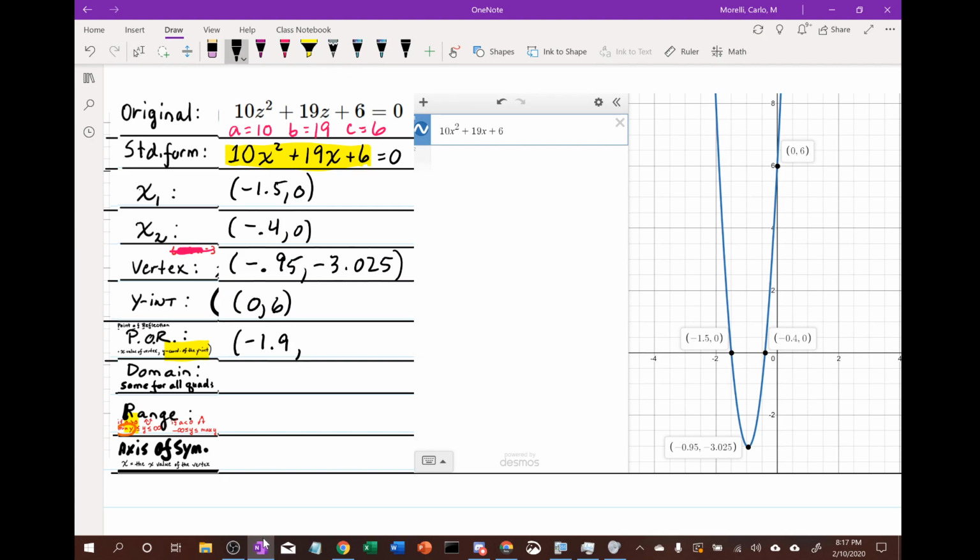And then the y value of the point of reflection is the y-intercept. The point of reflection x value is 2 times the vertex x value, and the point of reflection y value is just the y value of the y-intercept.